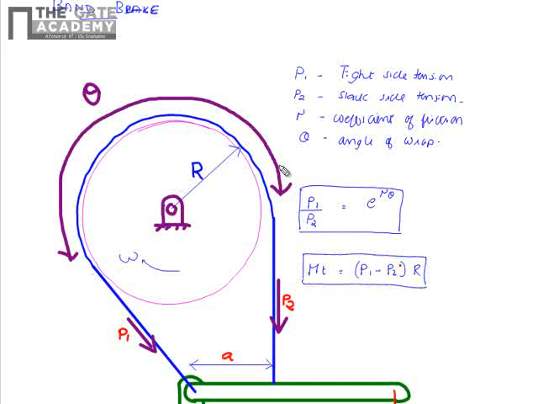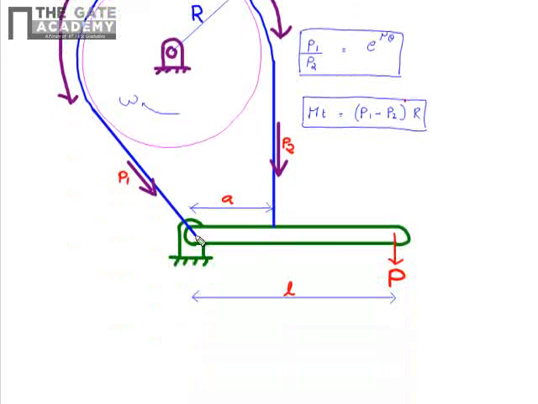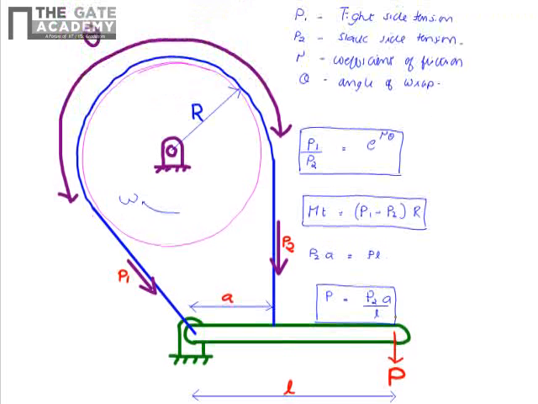Now taking the moment about this hinge point, we get P2 into A is equal to P into L, or P is equal to P2 into A by L. So these are the main relations we will have in a simple band brake.